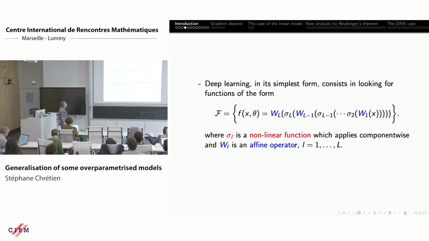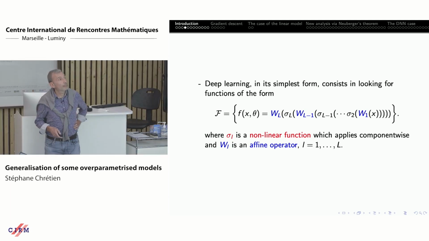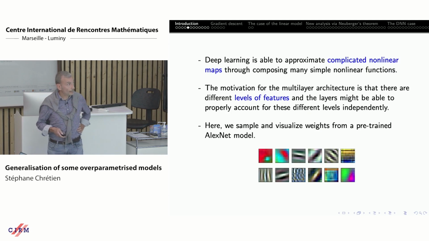So we have a lot of results about this kind of class of functions, concerning optimization, of course, also approximation guarantees, and generalization bounds are computable in certain settings.